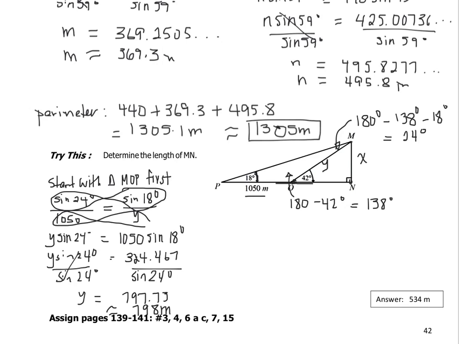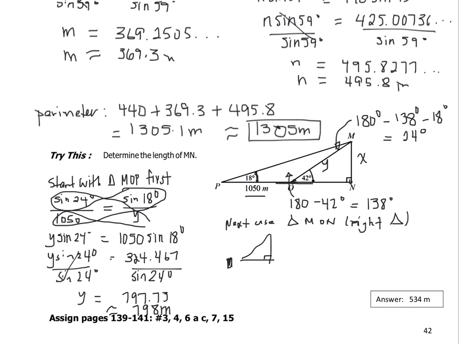Then if we go to triangle MON, and it's a right triangle. So we've got, if you look at MON now, or just draw that out for you.